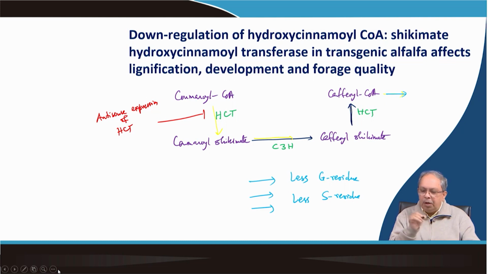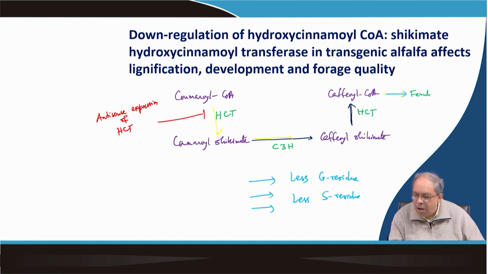Coumaroyl shikimate is converted into caffeoyl shikimate by C3H, that is again converted into caffeoyl CoA, then caffeoyl CoA is converted into feruloyl CoA, then feruloyl CoA is subsequently utilized for pushing the pathway towards either coniferyl alcohol or, via coniferyl aldehyde and coniferyl aldehyde 5 hydroxylase, eventually sinapyl alcohol.